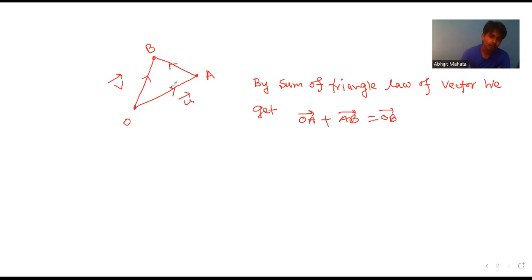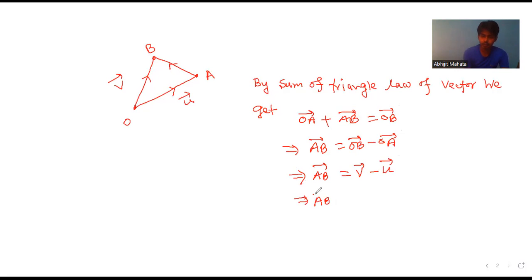So O to A plus A to B is the same as O to B. So from here we can write that the AB vector is nothing but the OB vector minus the OA vector. So now see, the OB vector is the v vector and OA is nothing but the u vector.